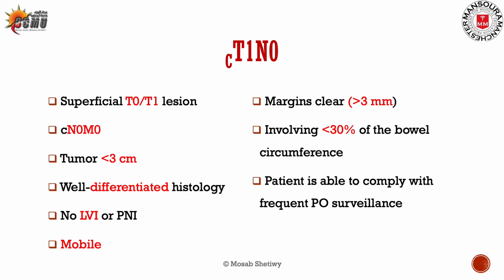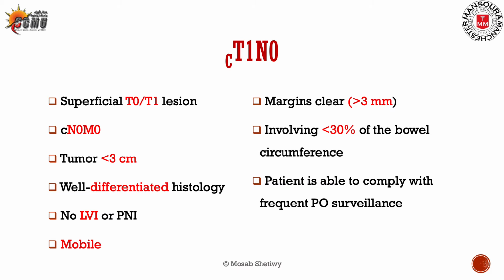As you may remember, in the TNM, a T1 tumor is a tumor that is mucosal or intramucosal, or extending into the submucosa but didn't reach the muscularis. So this clinical T1N0 disease could be resected locally if and only if the disease has all of these criteria.